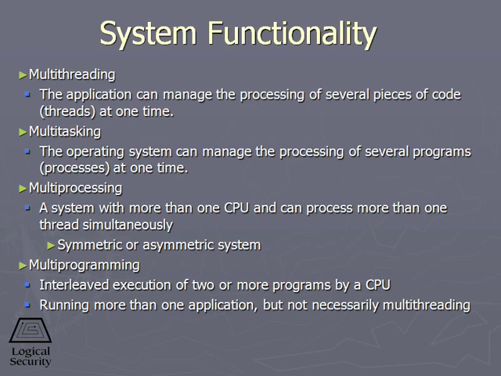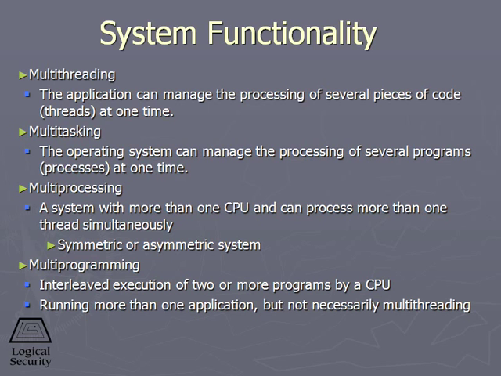Multiprocessing implies that there's more than one CPU in a system that supports multiple threads. The more CPUs, the more threads. Recently, the development of the multi-core CPUs has become prevalent. So these rules we're describing here are for a single core CPU, which can only process a single thread at a time.